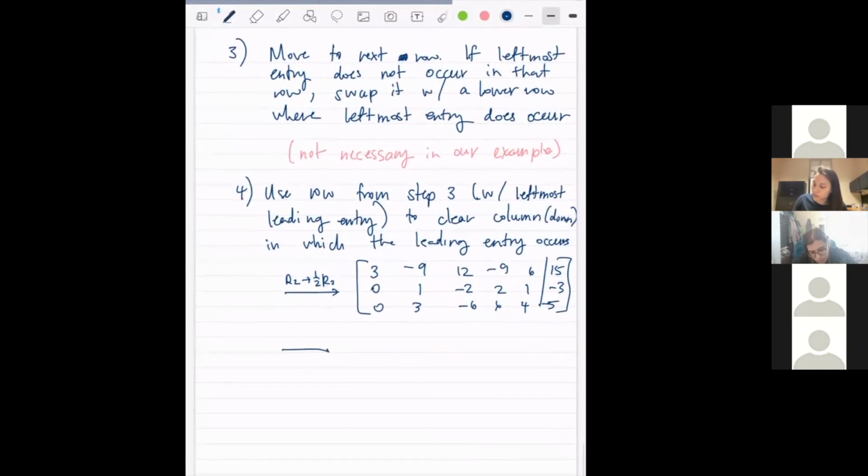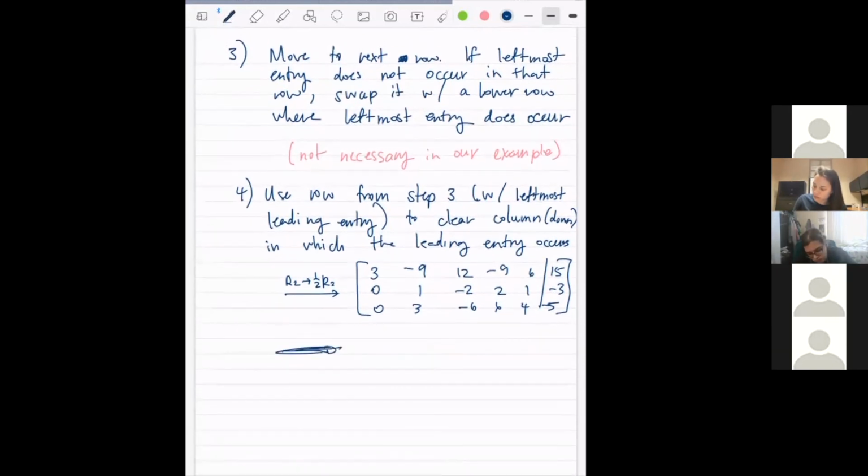And then we'll clear the row. So using replacement, what we want to do is replace row 3 with row 3 minus 3 times row 2.